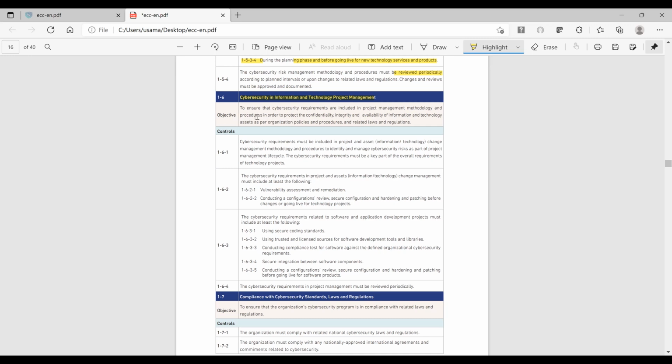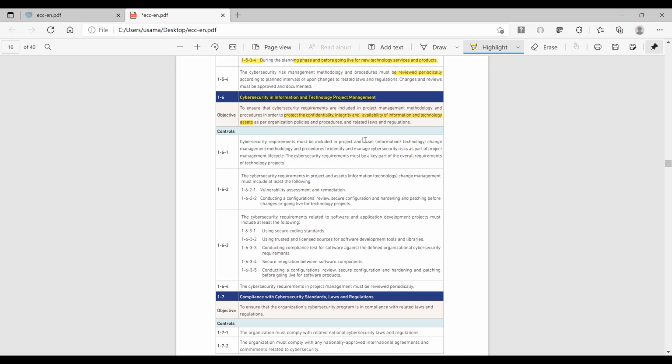Why? Because we want to protect the CIA, confidentiality, integrity, and availability of the IT assets. It is very important to make sure that cybersecurity is a part of IT project management, to protect the CIA of the assets.